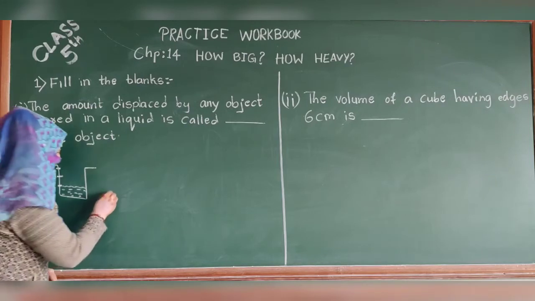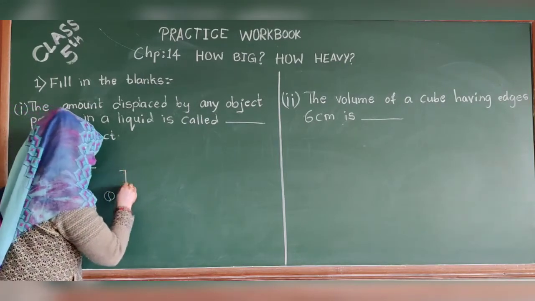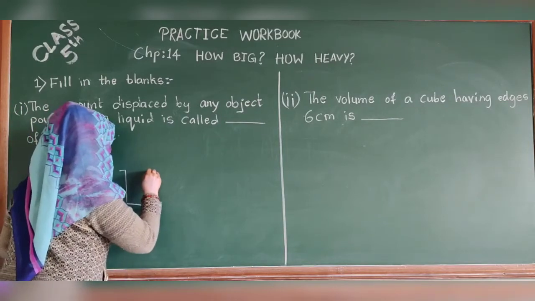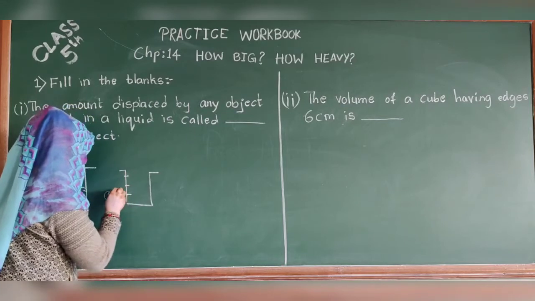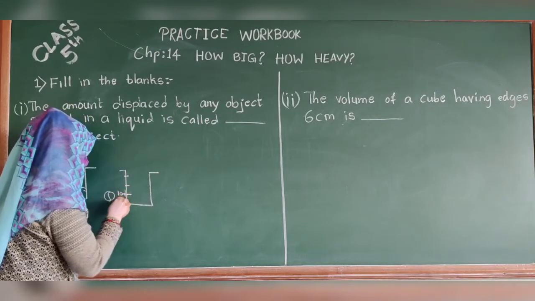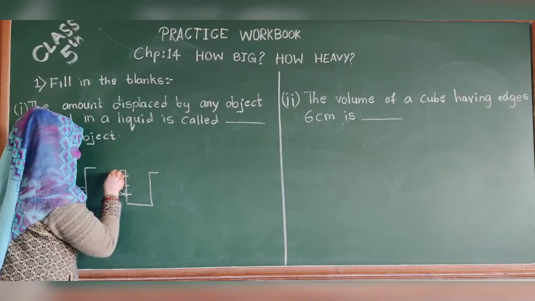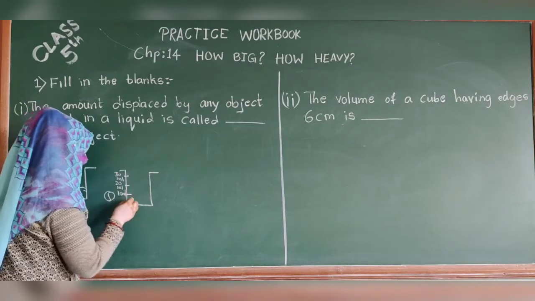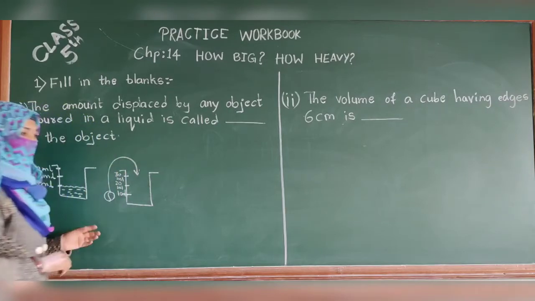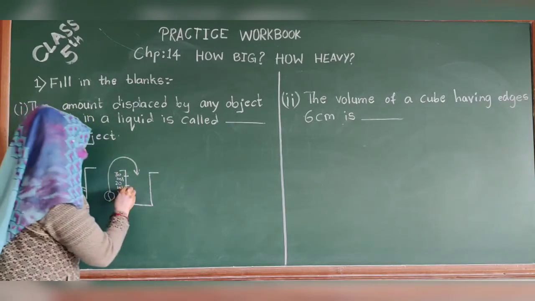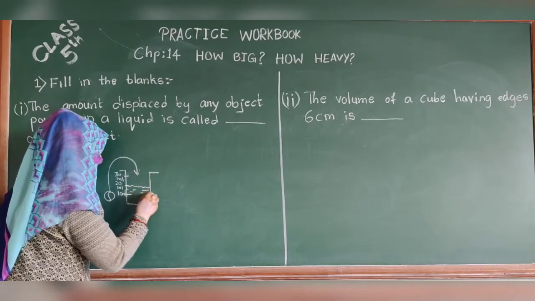But suppose there is one marble, and in the same container which is marked up to 10, 20 and 30, I put the marble in. The liquid now rises to this ml.